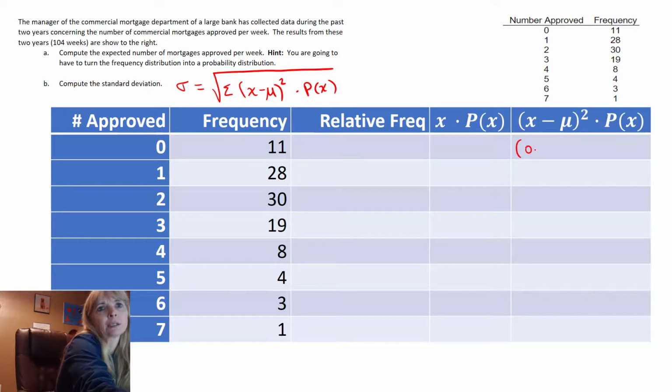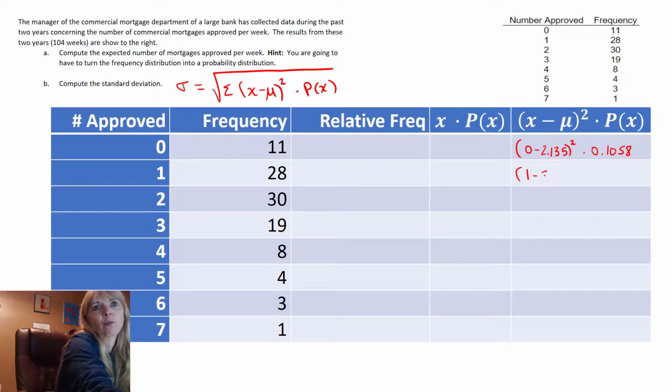Of course, our first x is 0. We have a mean of 2.135. Square it. This probability was 0.1058. Let's write another one.